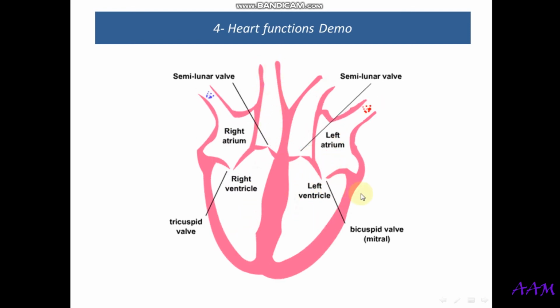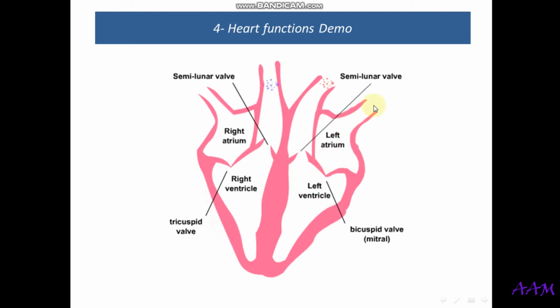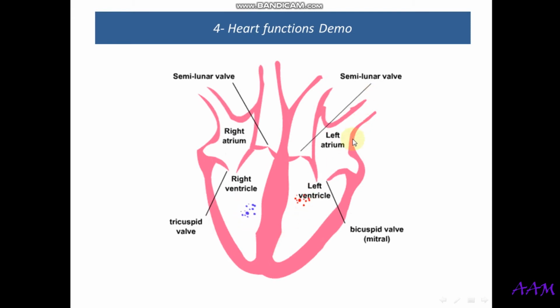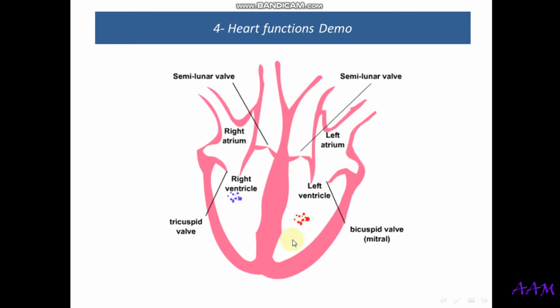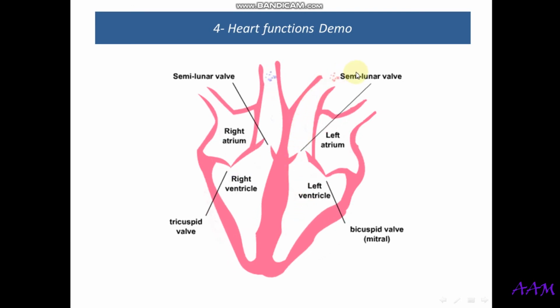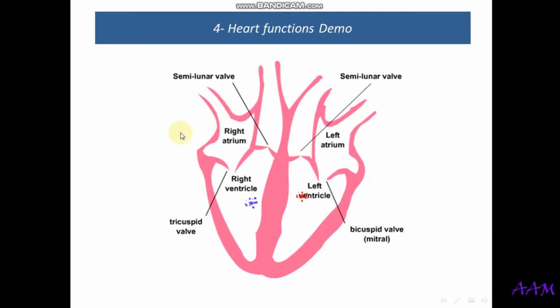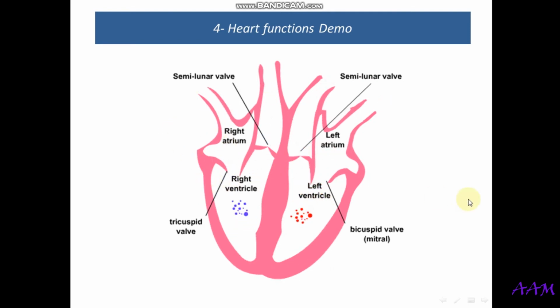And here, by relaxing, oxygenated blood comes through the vein, and then by contraction it goes in this way to the rest of the parts of the body to get food. So this is how it works: relaxing, contraction, and so on.